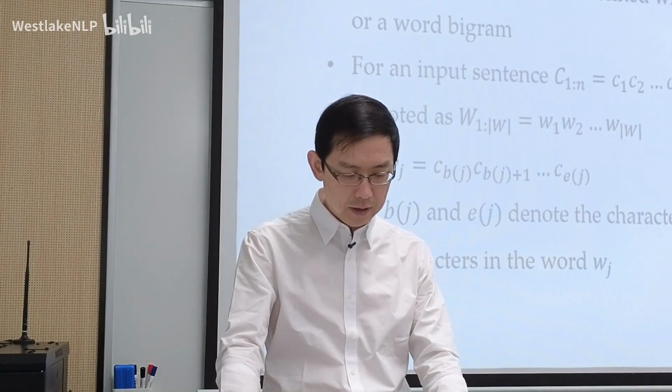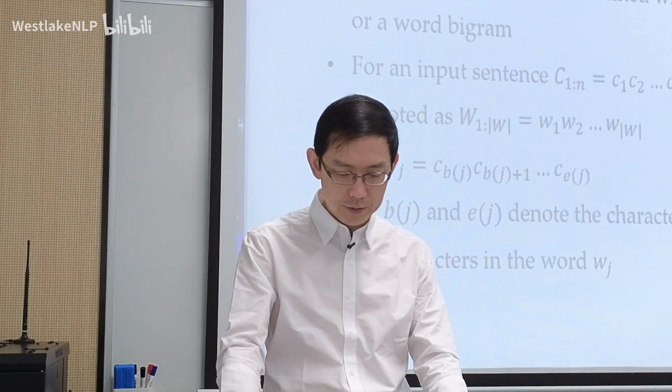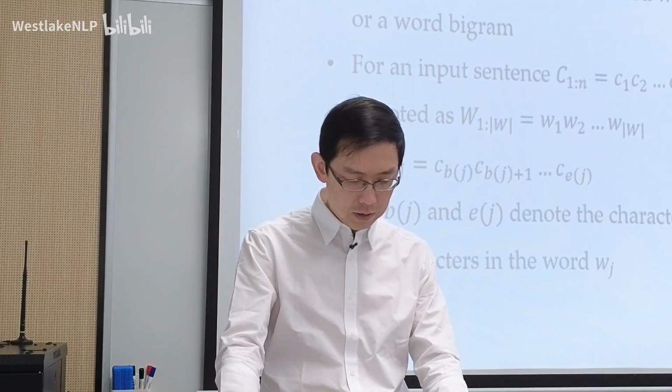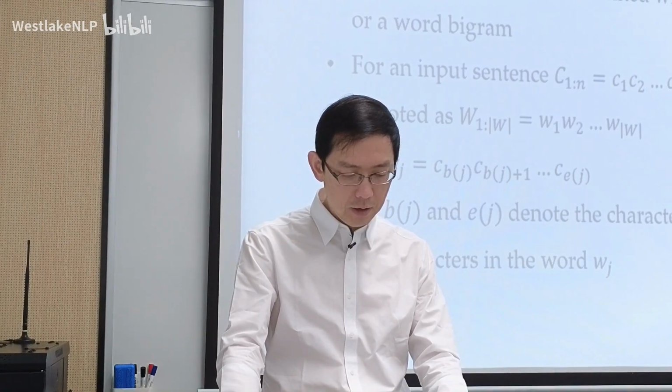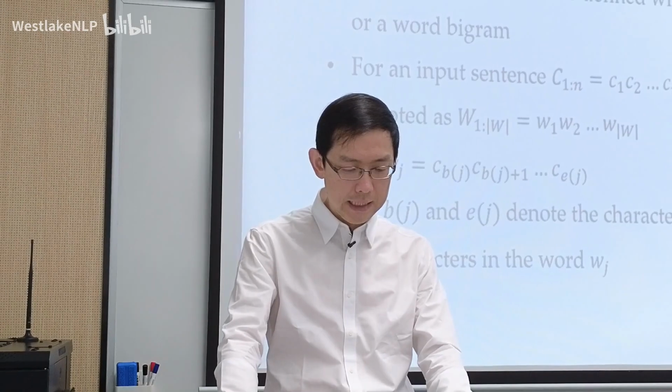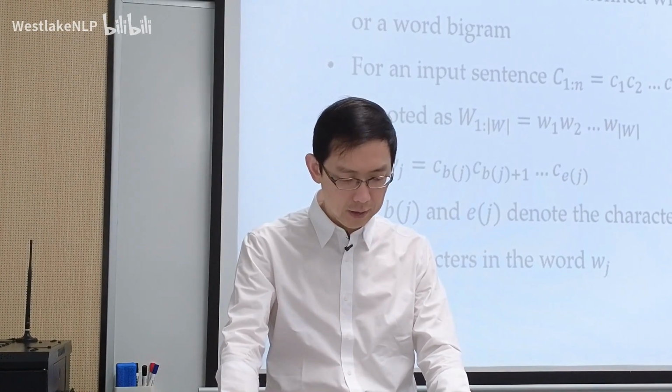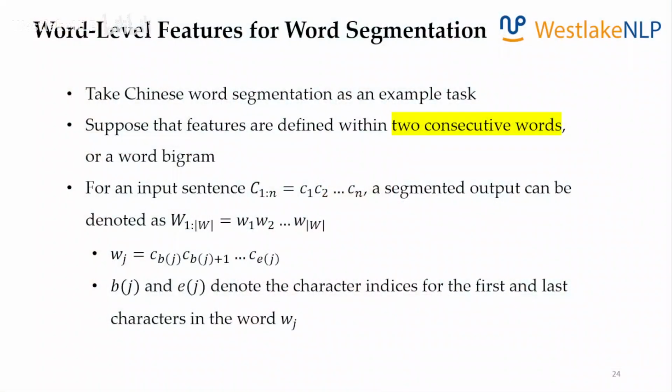Let's take Chinese word segmentation as the task and look at how to define the features. Let's denote the input character sequence as C1 until Cn, and the output word sequence as W1 until Wm. We don't know how many words there are, because if you segment the sentence differently, the output can have different numbers of words.